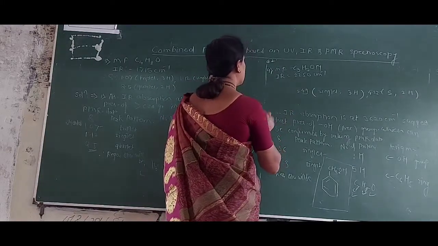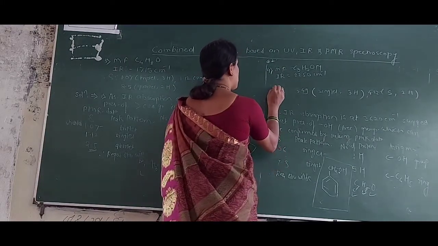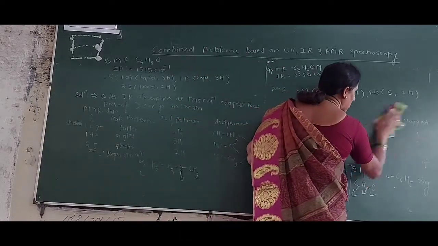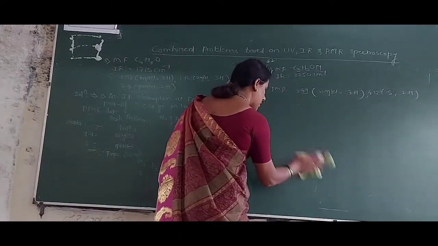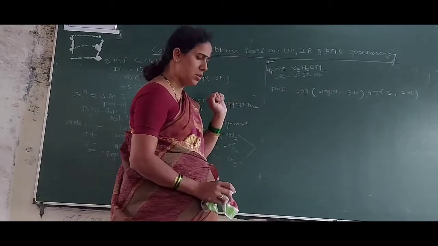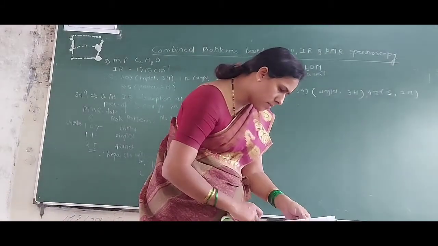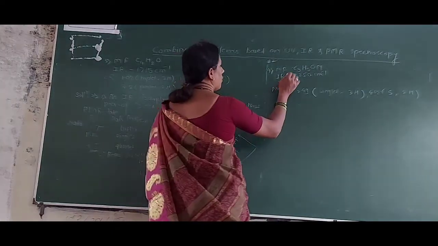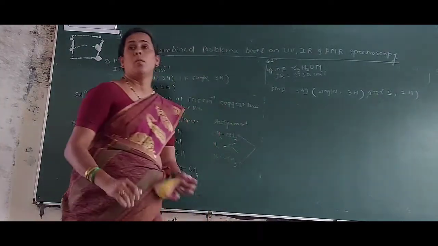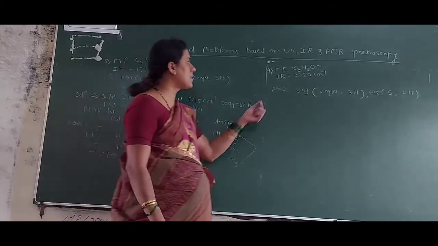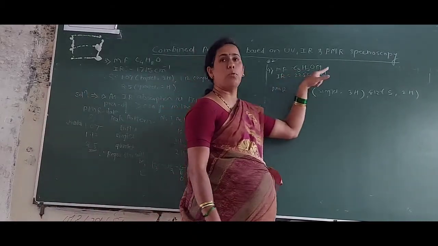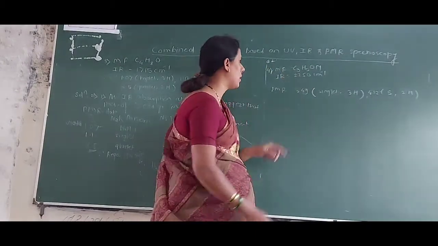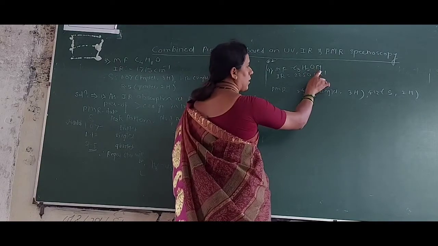Now the NMR data is given to you for the second structure. We are going to solve this problem in a similar way to question number 2. In this problem, what is the molecular formula? It is C3H5ON. Two heteroatoms are present, oxygen and nitrogen.